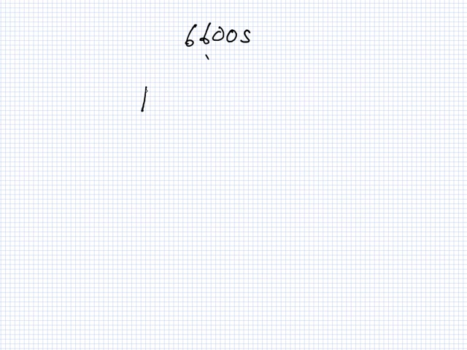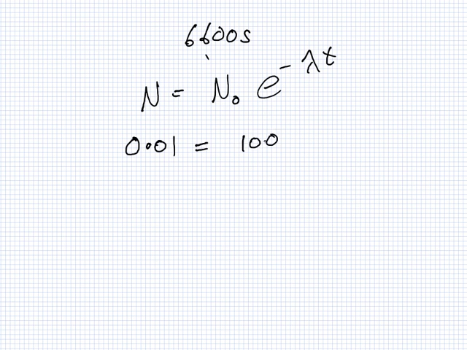So we can say N equals N0 e to the minus lambda t. We want to have 1% at the end, and we start off with 100%. Sorry, I wrote that stupidly.